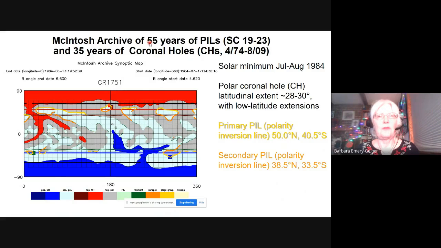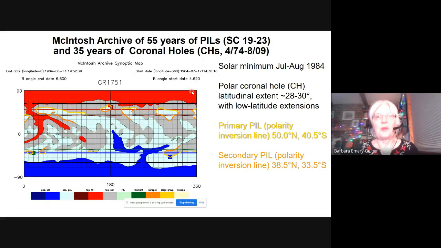So we have 55 years of these neutral lines, or polarity inversion lines, or you also can call them polar crown filaments. And we have 35 years of coronal holes, of which Ian just finished a solar physics article that was accepted. So congratulations, and check it out.